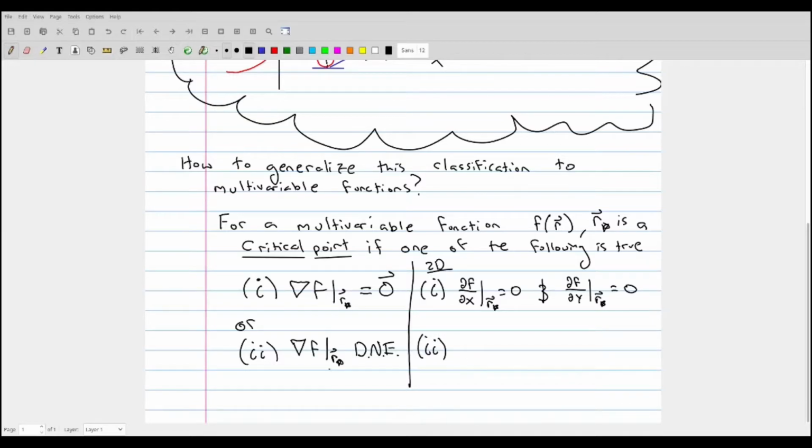And likewise, the other type of critical point in 2D is if the gradient vector does not exist, which means that either the x partial derivative at r star does not exist, or the y partial derivative at r star does not exist.